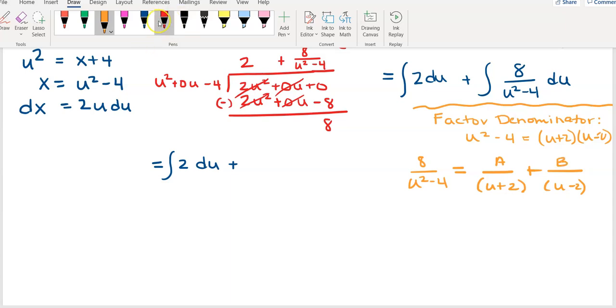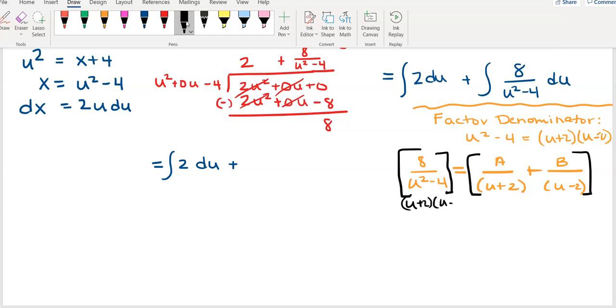And then we'll multiply through on both sides by the denominator on the left. Now, the denominator on the left, remember, is really just u plus 2, u minus 2 if I were to have factored it, right?